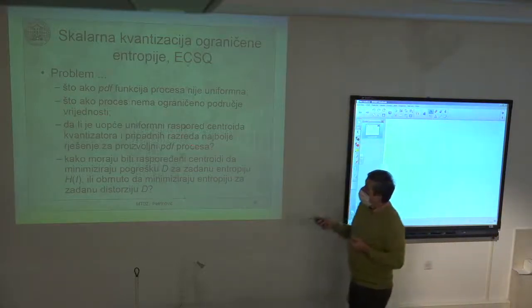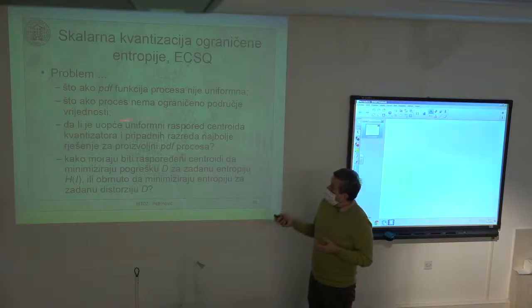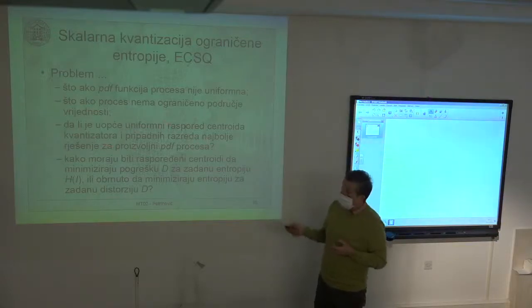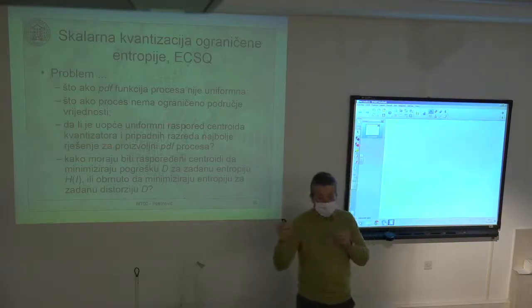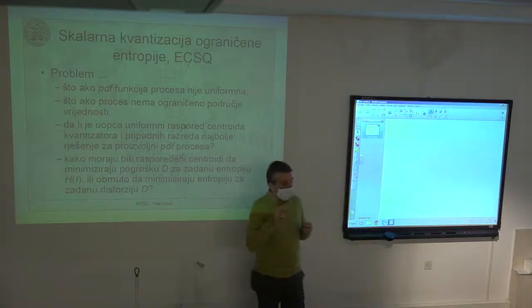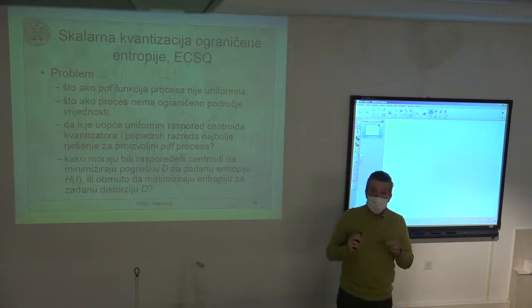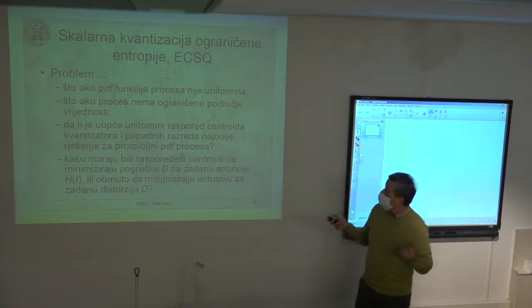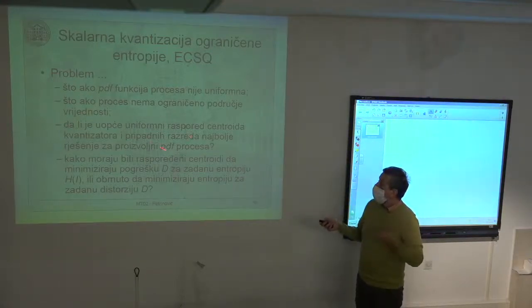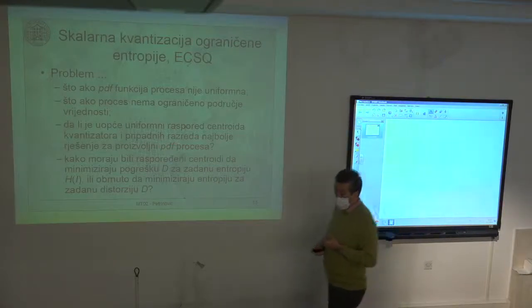So the next question is, so far we have considered only quantizers that have a uniform distribution of quantization levels. All these quantization steps were of the same size. And maybe this is not the optimal solution for any PDF except for the uniform PDF.